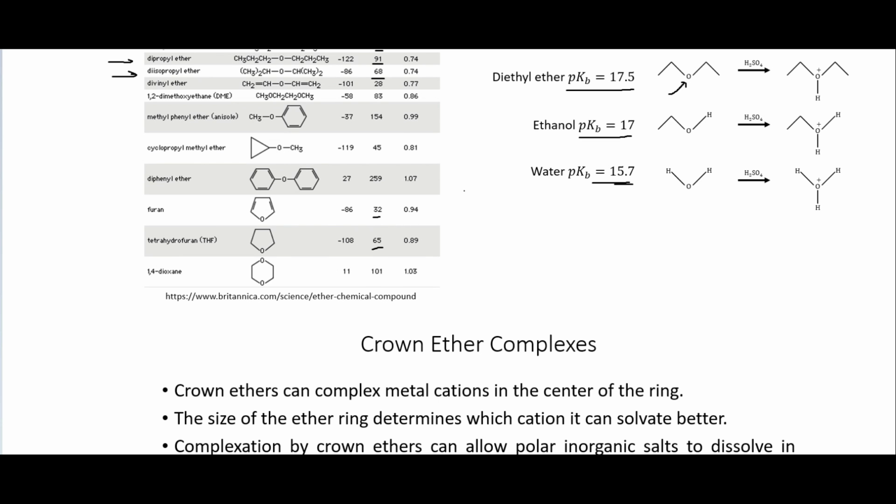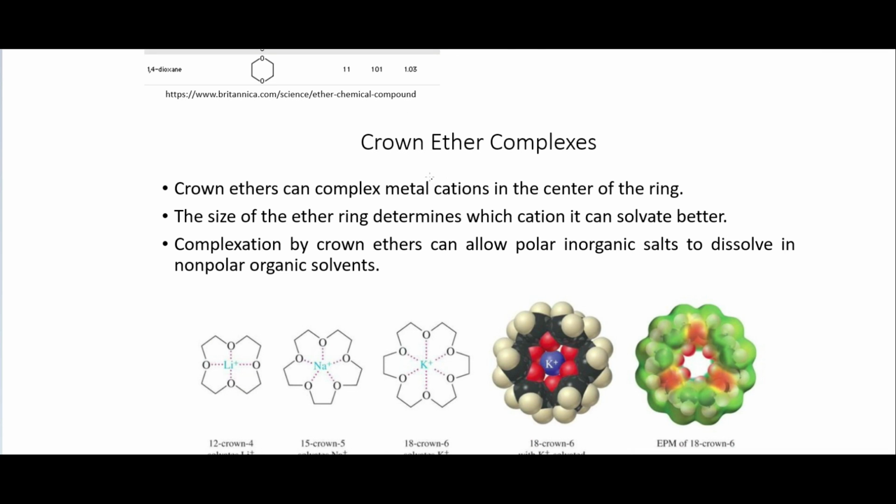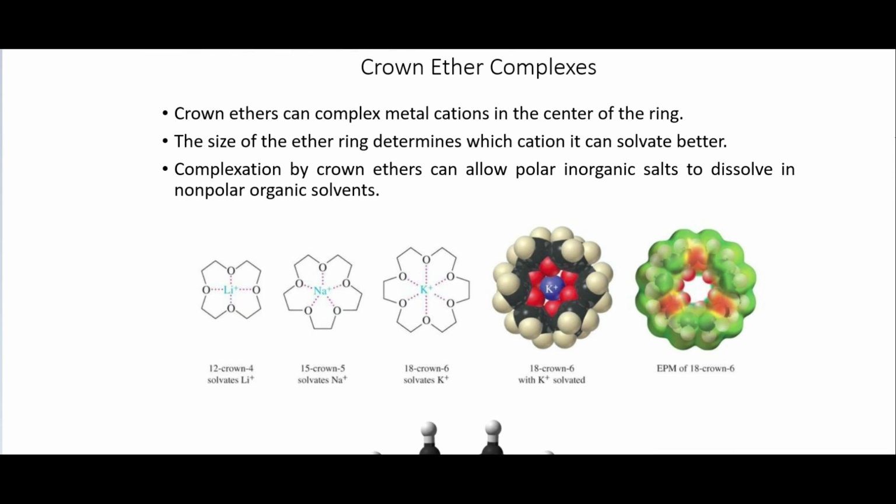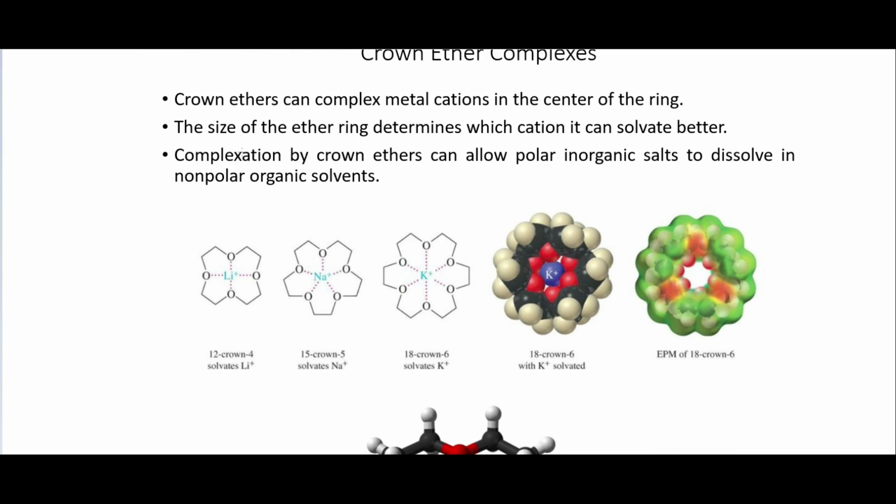So another important type of ether are what are called the crown ethers because they kind of look like a crown. And so these can complex metal cations in the center of a ring. And so the size of these rings determines which cation it can solvate. And so complexation by crown ethers can allow polar inorganic salts to dissolve in nonpolar organic solvents.